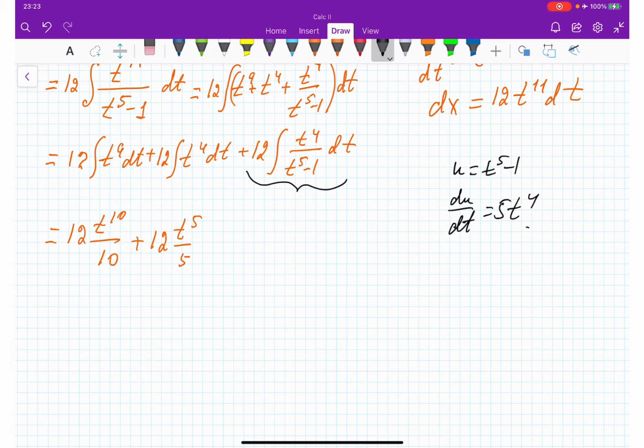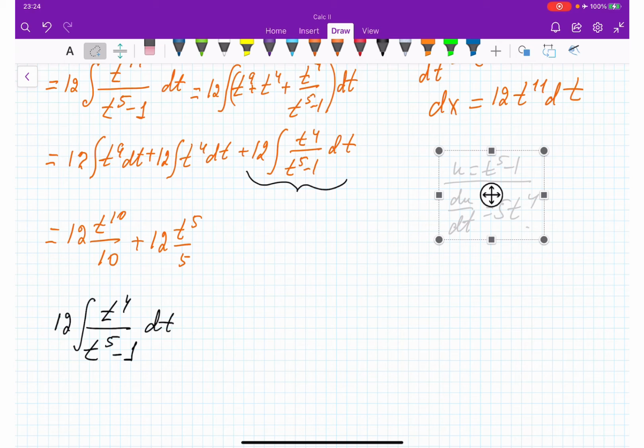Okay, so I'm leaving this final answer halfway because I need to work out this last term, which is 12 integral t to power 4 over t to power 5 minus 1 dt. Okay, this is what I'm going to do. So I took u equal to t to power 5 minus 1. It's a substitution.